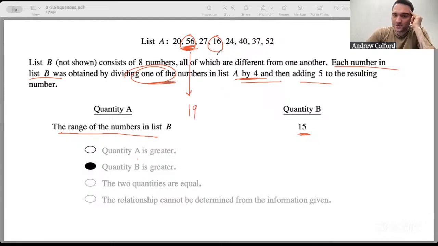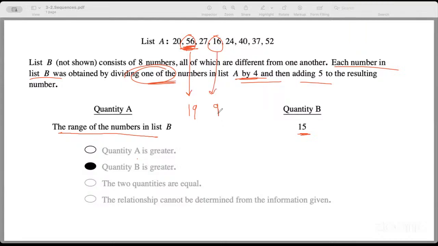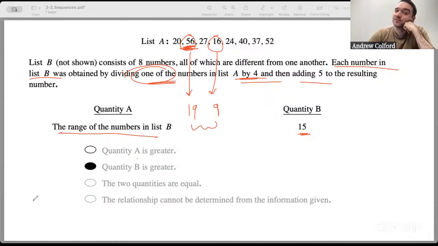And then for the smallest one, divide by 4 and add 5. What do I get? 9. So what's the range? 10. That's as big as I can make it, right?